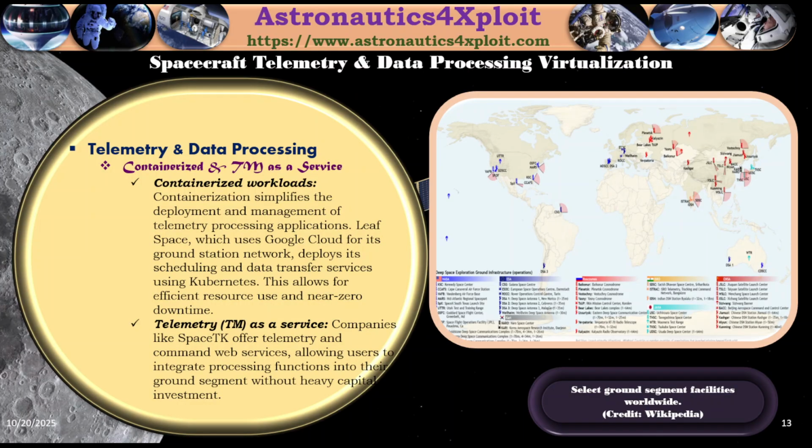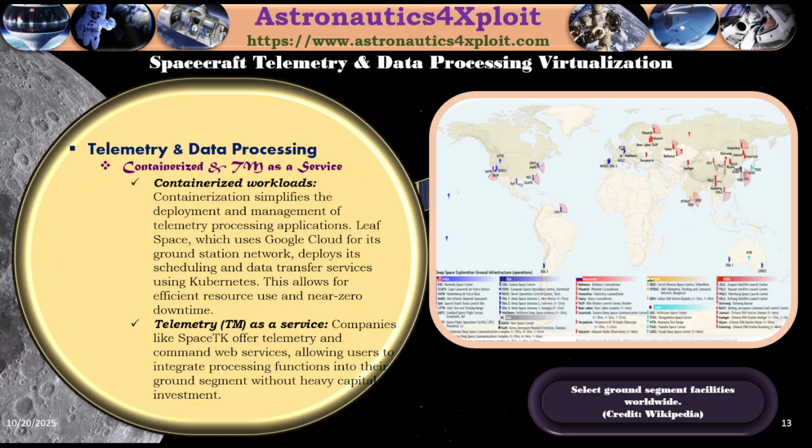Containerized and telemetry as a service. Containerization simplifies the deployment and management of telemetry processing applications. LeapSpace, which uses Google Cloud for its ground station network, deploys its scheduling and data transfer services using Kubernetes. This enables efficient resource use and near zero downtime.